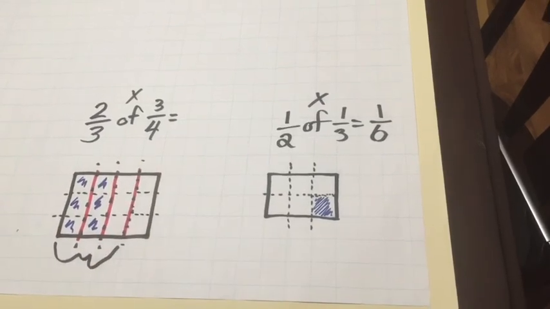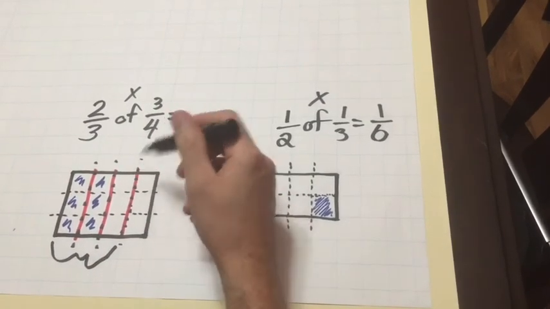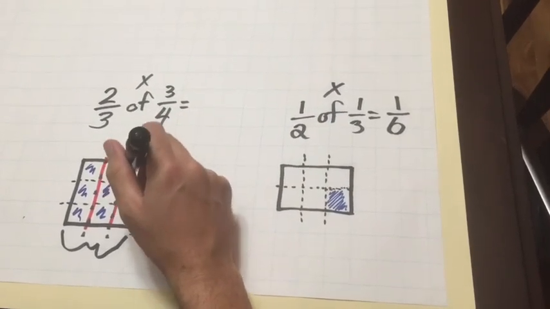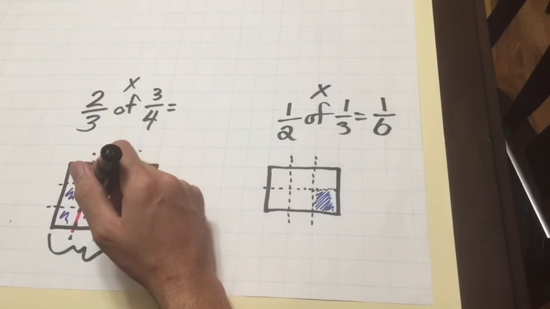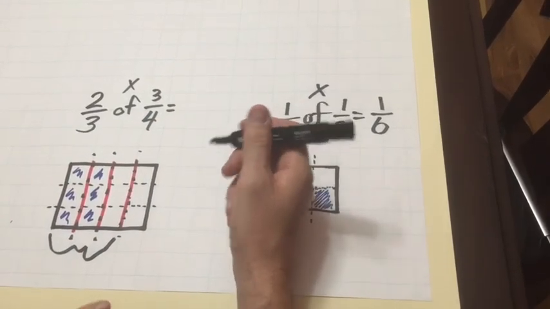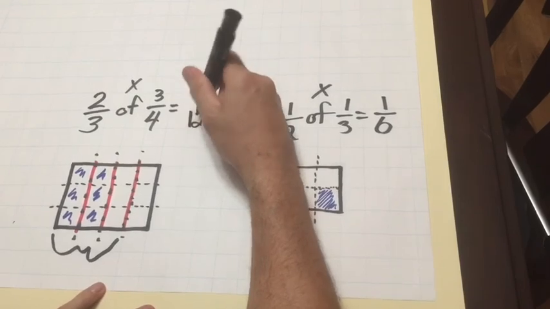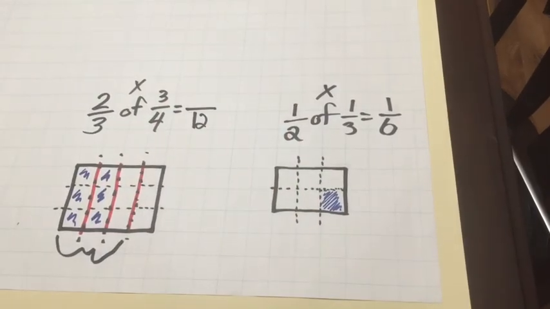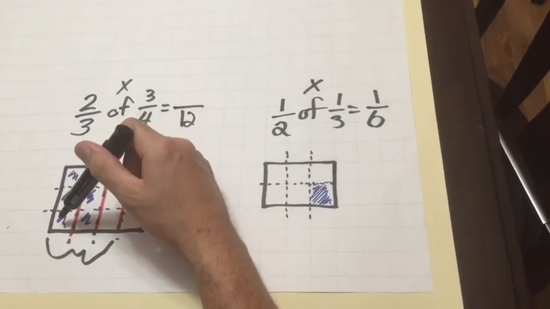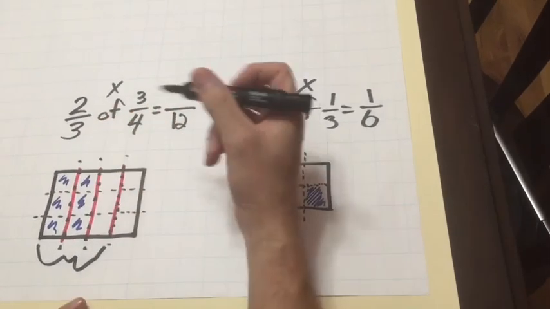Okay. Now how many of these little squares did I cut my rectangle into? 1, 2, 3, 4, 5, 6, 7, 8, 9, 10, 11, 12. So I know I have 12 equal parts. That's going to be the bottom number on my answer. And how many do I have colored in? 1, 2, 3, 4, 5, 6.